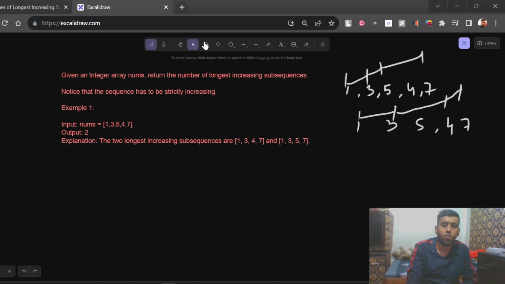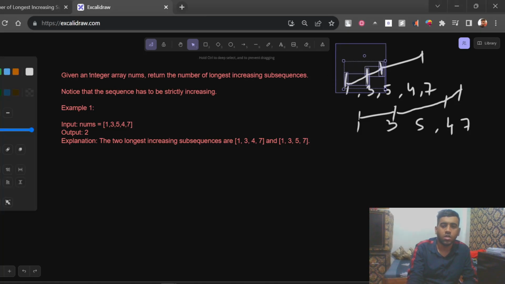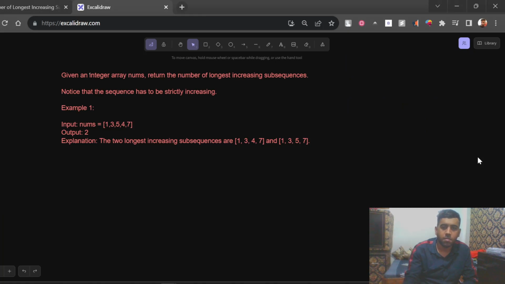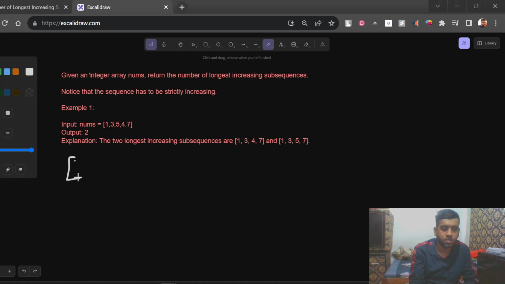Now, we could check this in O of n square, but the other way is that we'll be storing two arrays. First is going to be this common array that has 1, 3, 5, 4, 7.